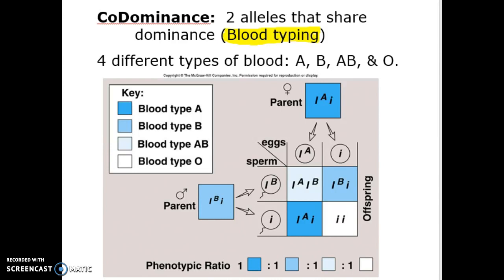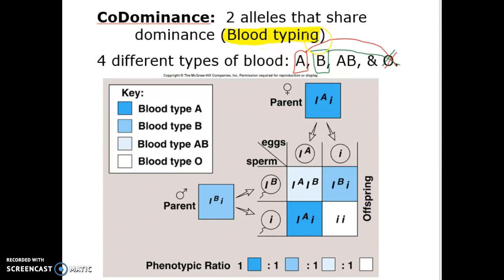So in human blood, A is a dominant variation. A actually blocks O. So A can dominate and block O. But B is also a dominant variation. B can go and block O as well.